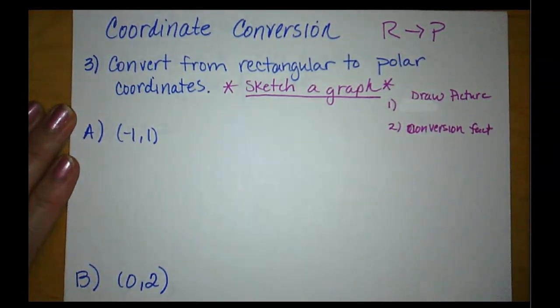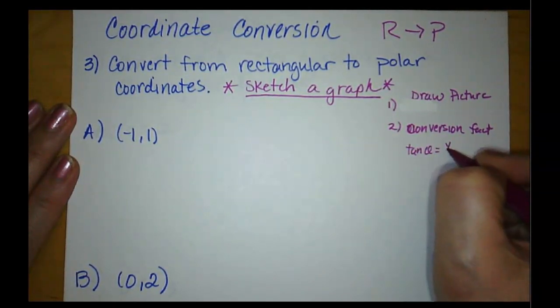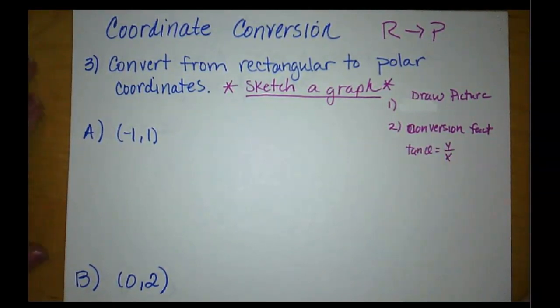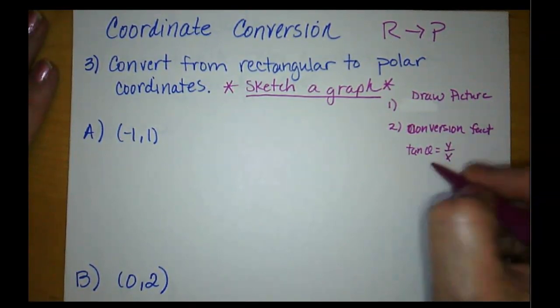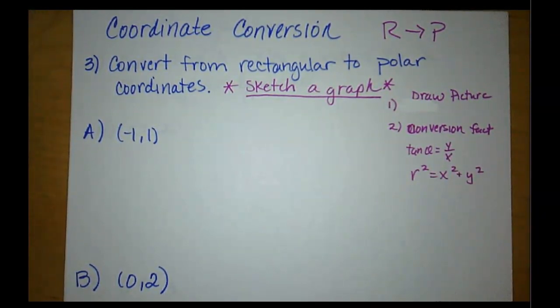This time, however, we are going to use tangent of theta equals y over x, because we're going to need to find what that angle is. And so since we have x's and y's, we'll use tangent. Then we're going to use r squared equals x squared plus y squared, because remember, we need an angle and we need a directed distance.